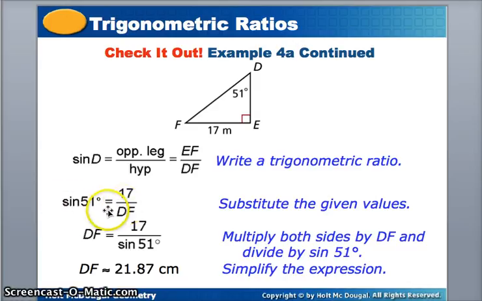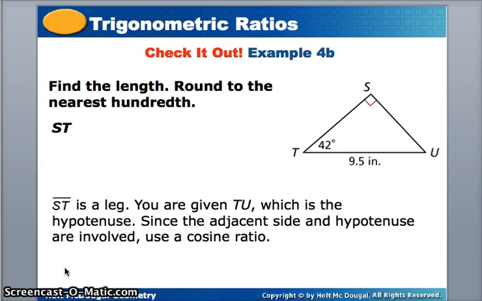Now set this up as a proportion, cross multiply, and then you'll divide. You'll get DF equals 17 divided by the sine of 51, which rounded is 21.87.